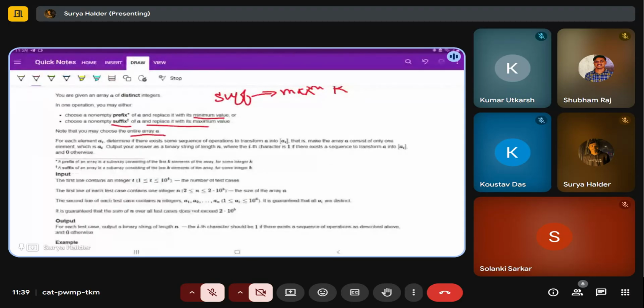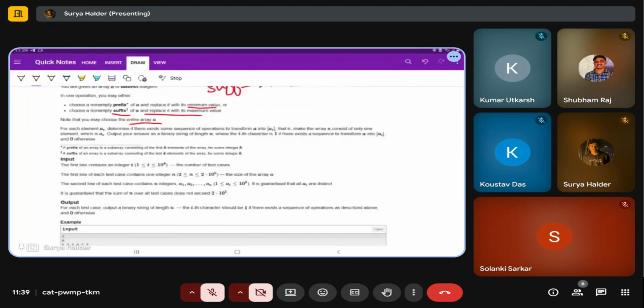We can also choose the entire array A and do any one of the operations. Means if you choose the entire array A, you can apply a prefix operation or a suffix operation.